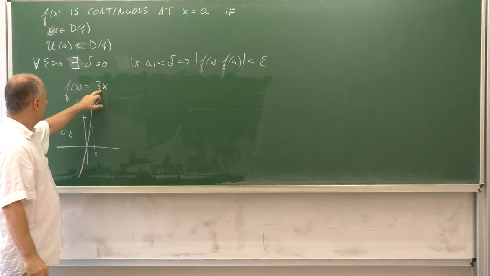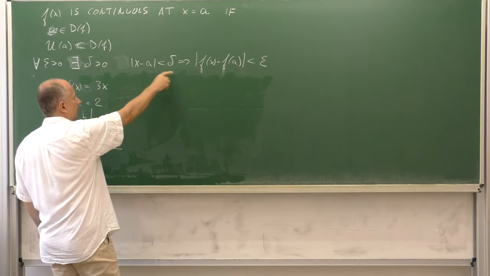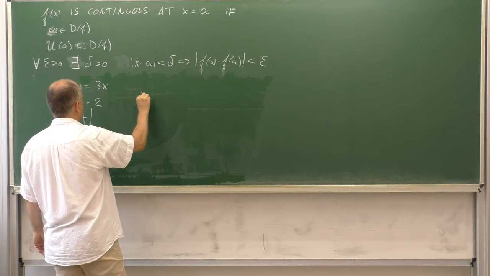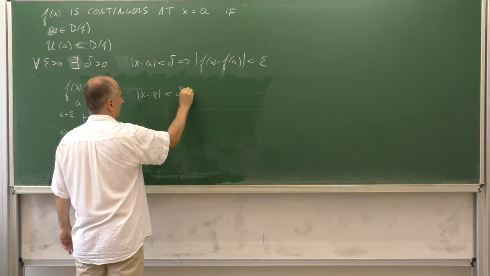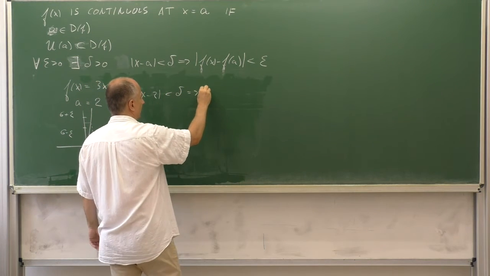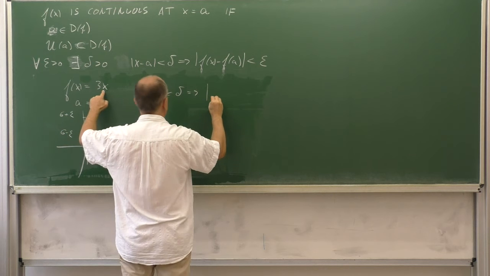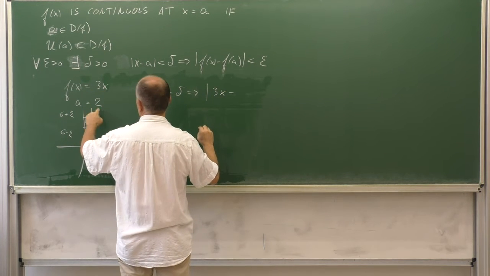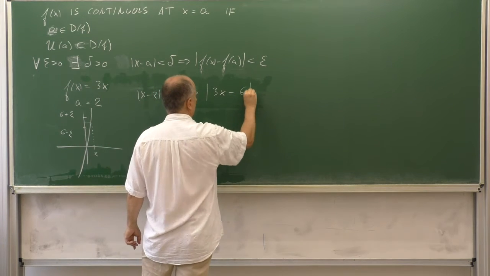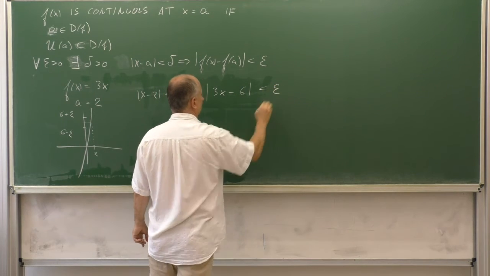So if we use this information, this line turns into: absolute value of x minus 2 less than delta should imply f of x, which is 3x, minus f of a, which is 6, should be less than epsilon.